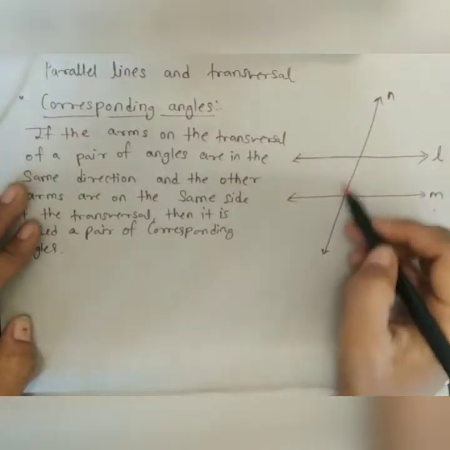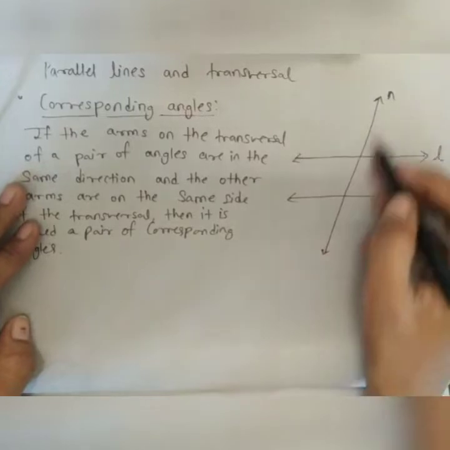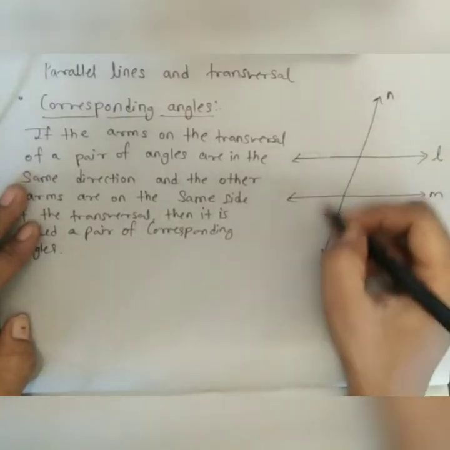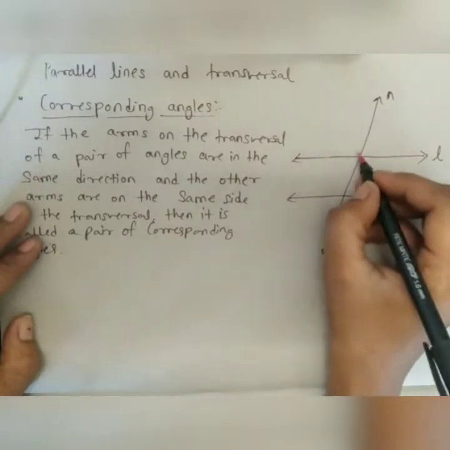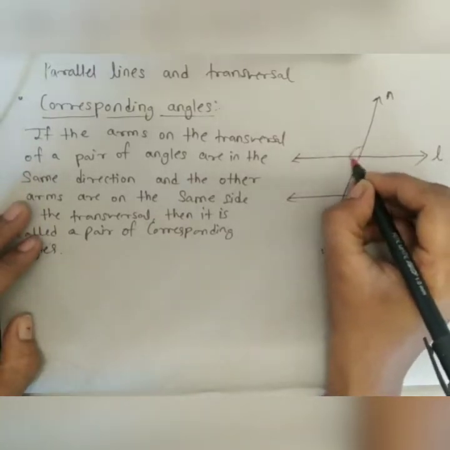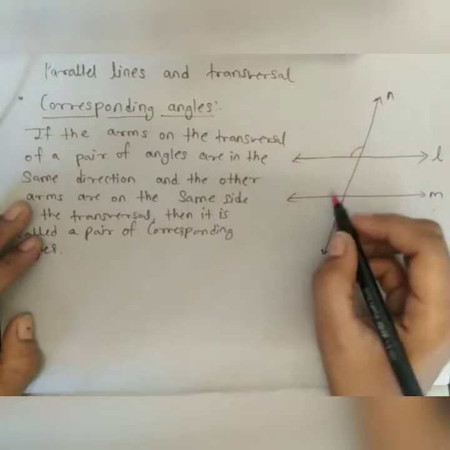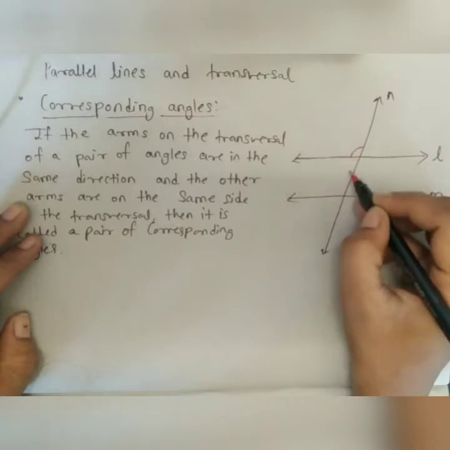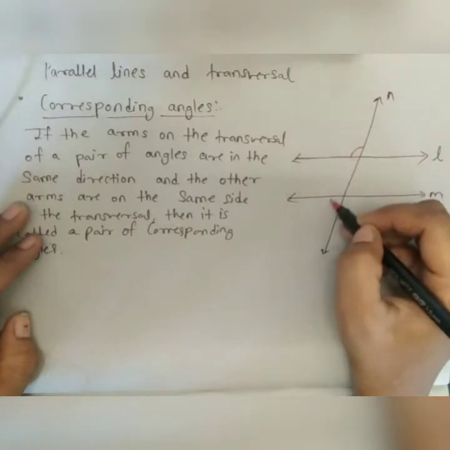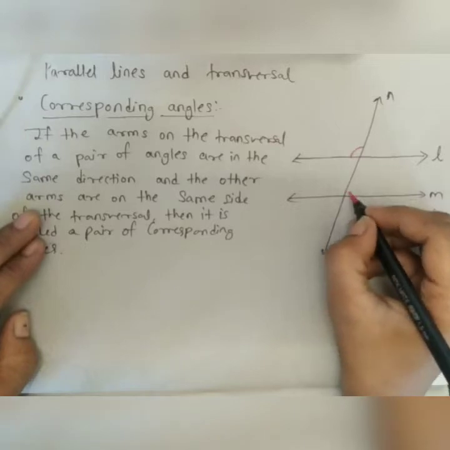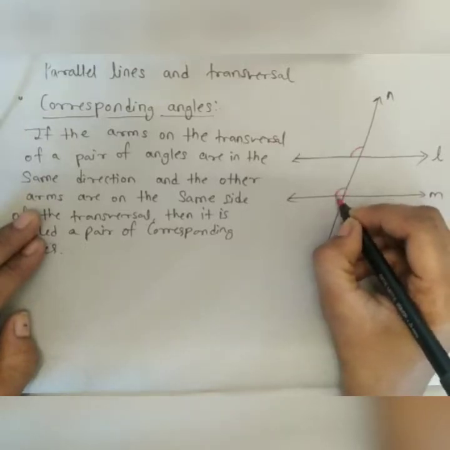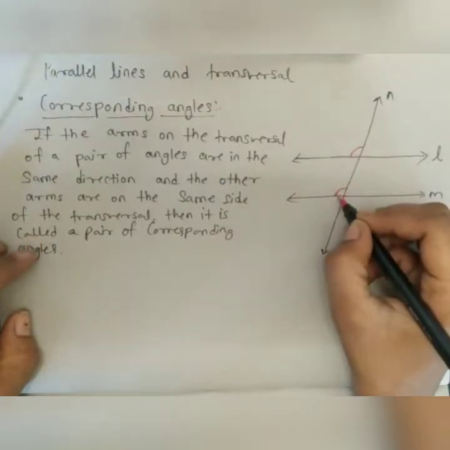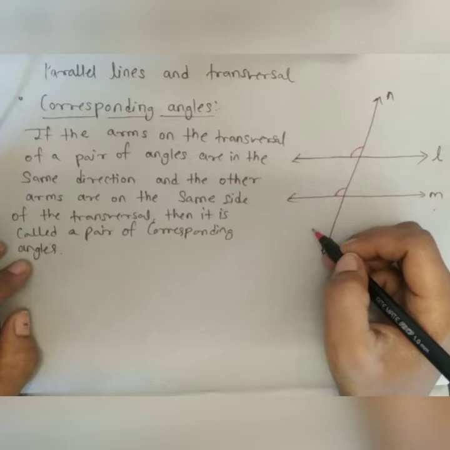If the arms on the transversal of a pair of angles are in the same direction, and suppose this is my one angle, and the other arms are on the same direction of the transversal, then it is called a pair of corresponding angles.